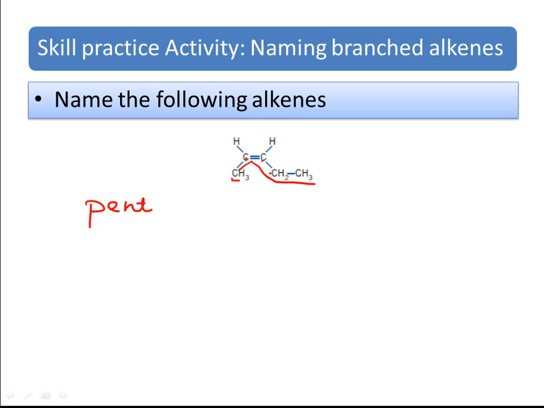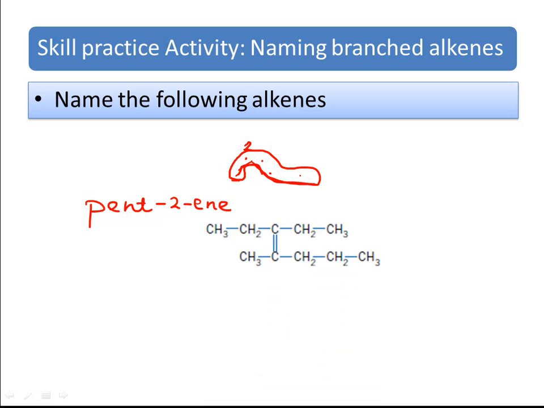And my carbon, which has got the lowest locant number that contains the double bond, is carbon number 2. So I've got pent-2-ene. Right? Do we have any side chains or branches here? No, this is just the longest continuous chain like that. So there is nothing coming out of it that's not a hydrogen. So the name for that is simple and straightforward, pent-2-ene.